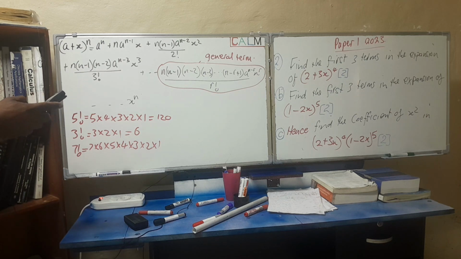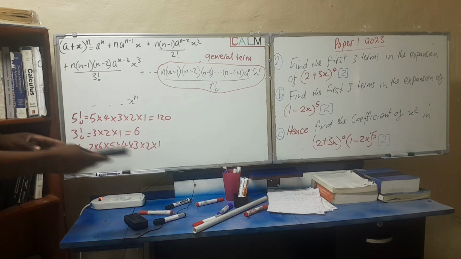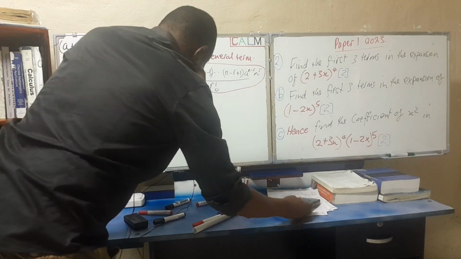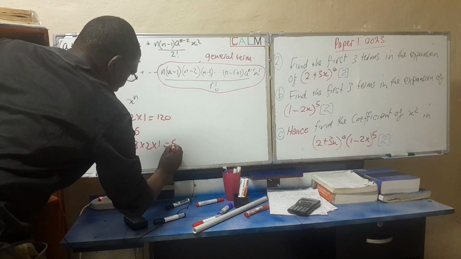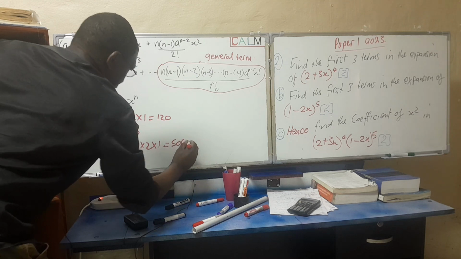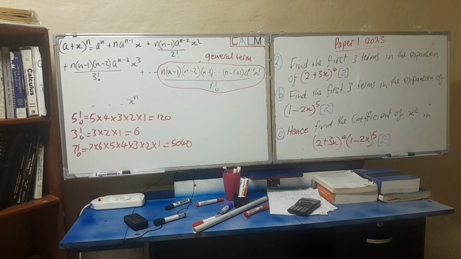So I want 7 factorial. I press my 7 there, then look for the factorial function, its second function. There you are. It gives me 5040. So 7 factorial is equal to 5040. What about r factorial?